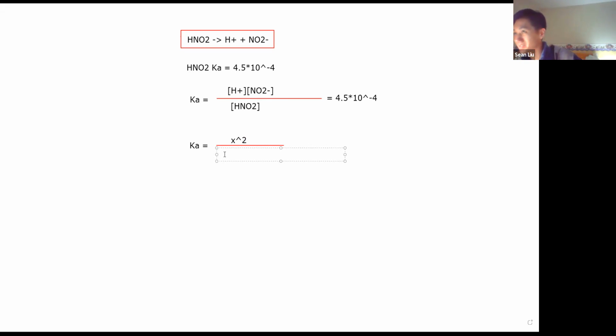I didn't fully state the question, but I'm going to set the initial concentration of acid to be 0.01 M. So we start with this, minus x, and that's going to be equal to our 4.5 times 10 to the negative fourth.